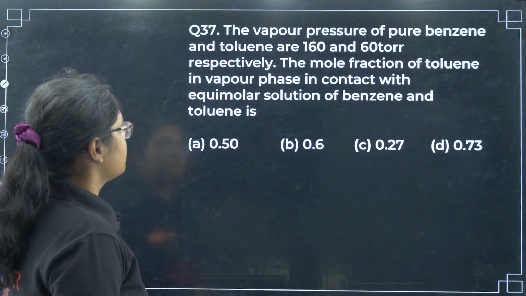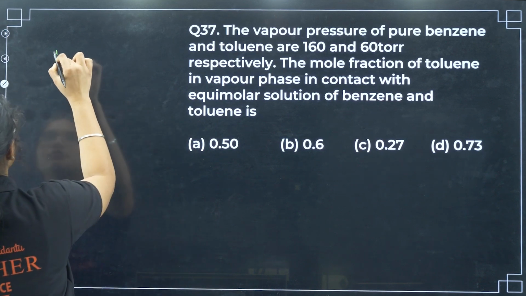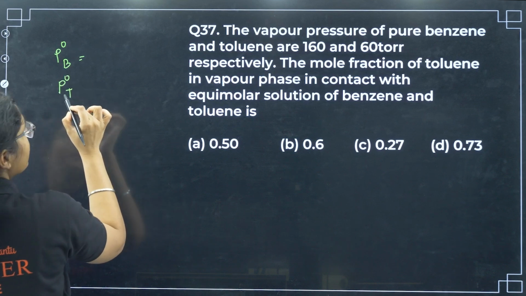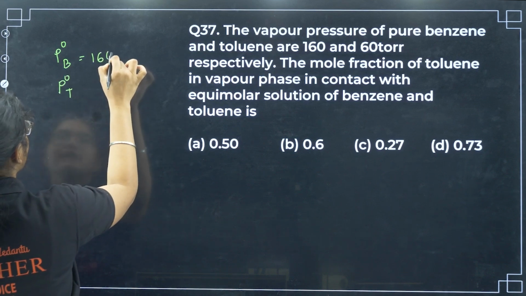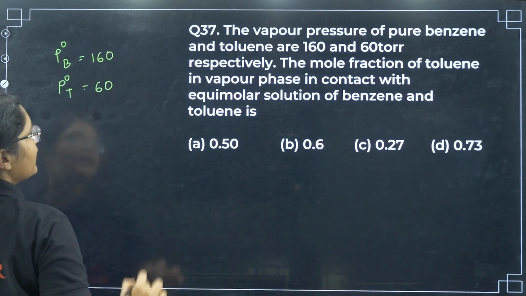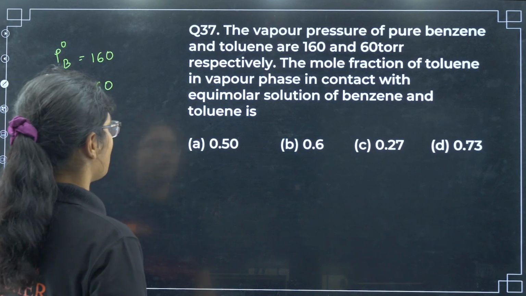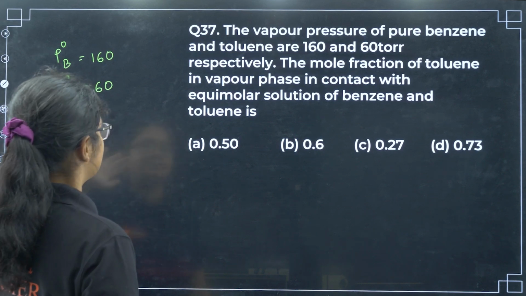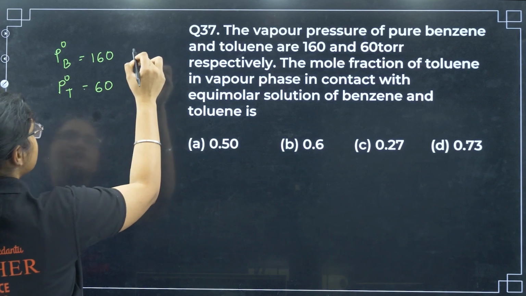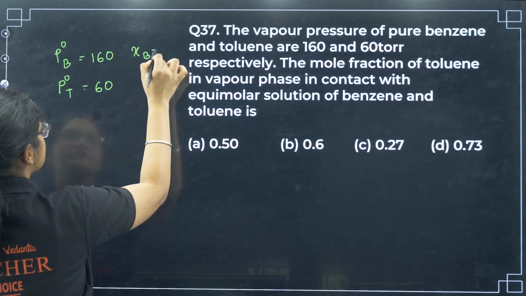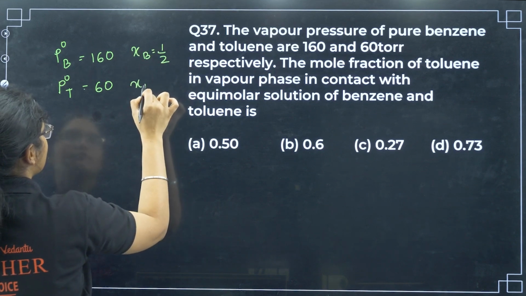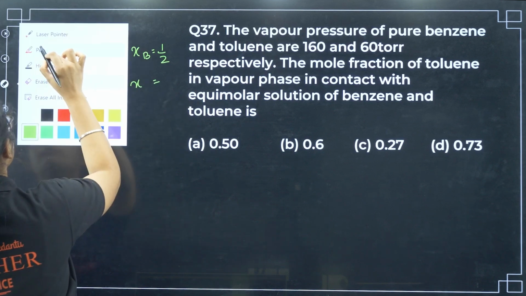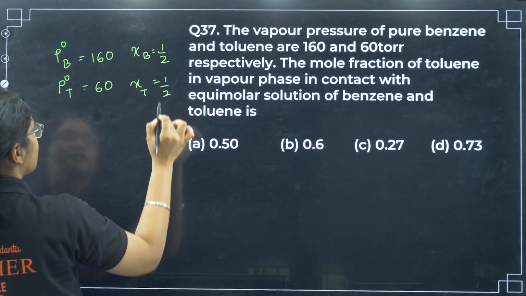Next, the vapor pressure of pure benzene and toluene are 160 and 60. The mole fraction of toluene in the vapor phase in contact with an equimolar solution of benzene and toluene. Both are equimolar, so let me take the mole fraction of benzene as 1 by 2 and the mole fraction of toluene is also 1 by 2.